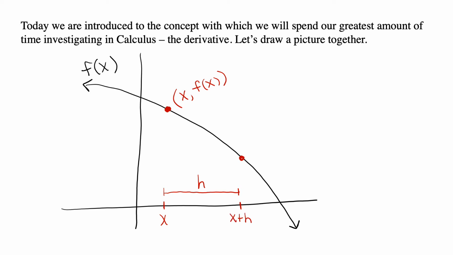So to label that xy coordinate, I would label it with the x value, which is x plus h, and then my y value, which remember is what we get out of the function if you plug in an x plus h, so I can call that f of x plus h. So make sure you have this picture as we're going to be using it as we continue down this handout.